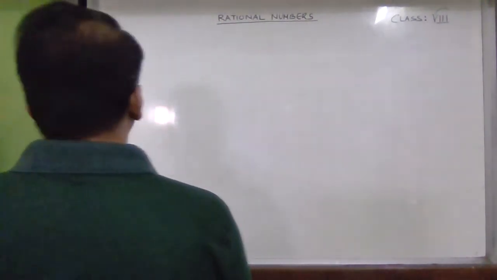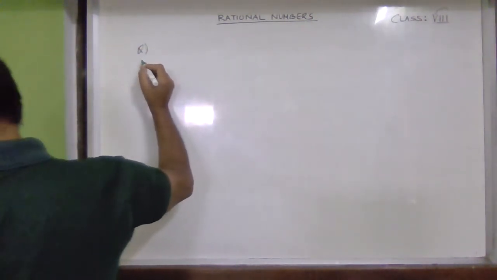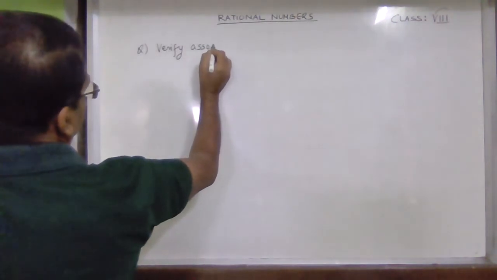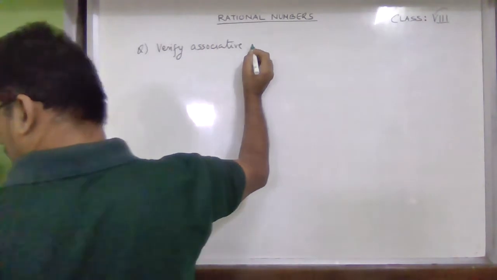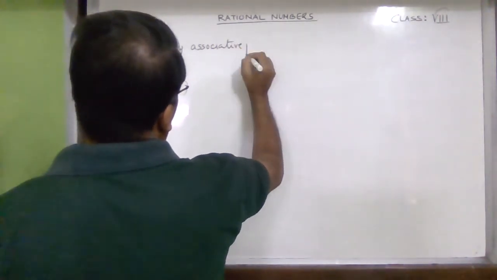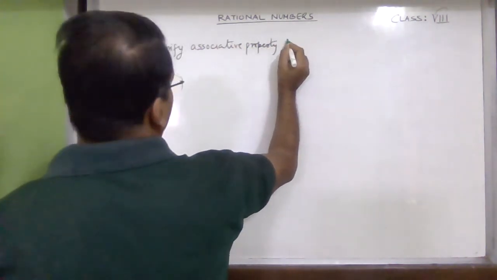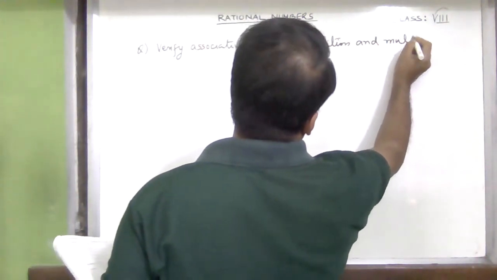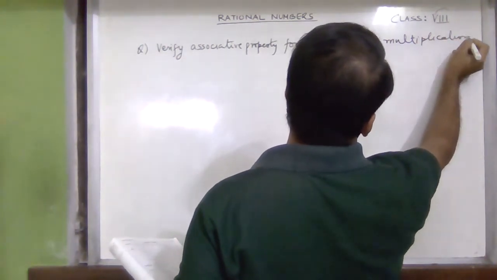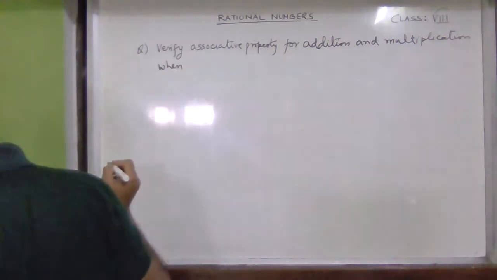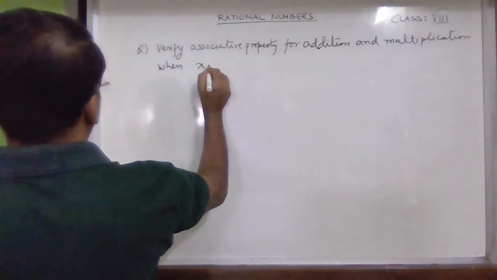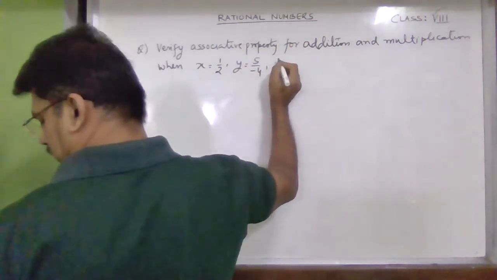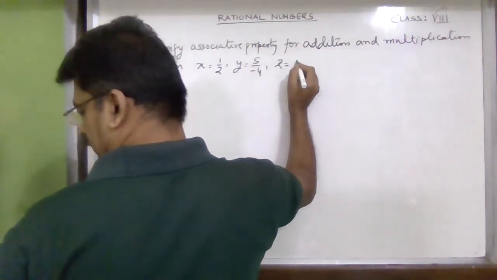Next question. Verify associative law or associative property for addition and multiplication when x is equal to 1/2, y is equal to 5 by minus 4, z is equal to minus 7/5.